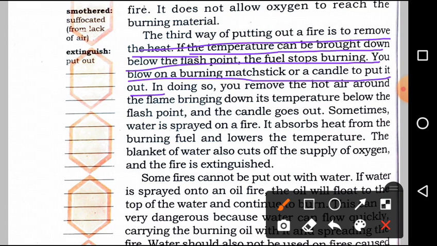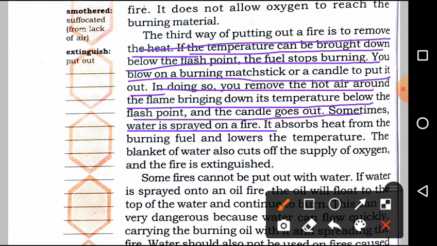Because when you are blowing on the matchstick, a cool breeze is coming out of your mouth, and that reduces the temperature of the burning stick, and that's why it finally goes out. In doing so, we remove the hot air around the flame, bringing down its temperature below the flash point, and the candle goes out.